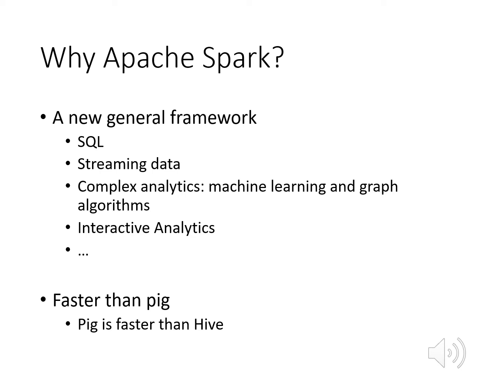It is a new general framework that supports various solutions, including SQL, streaming data, complex analytics, machine learning and graph algorithms, interactive analytics, and so on. And it's much faster. It's faster than Pig, and remember that Pig is faster than Hive. It's much easier to use due to its rich APIs.